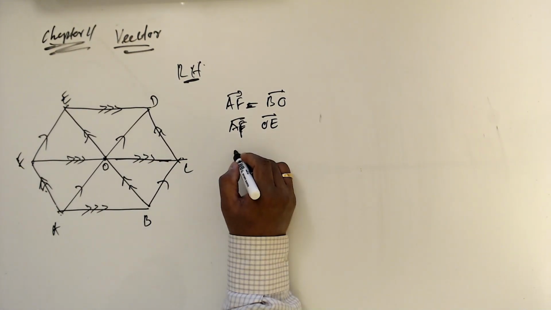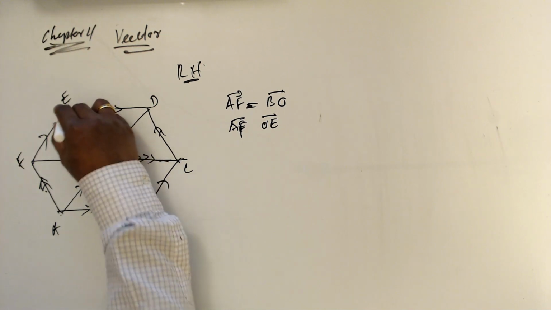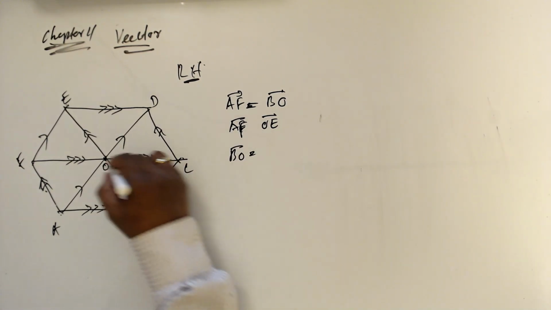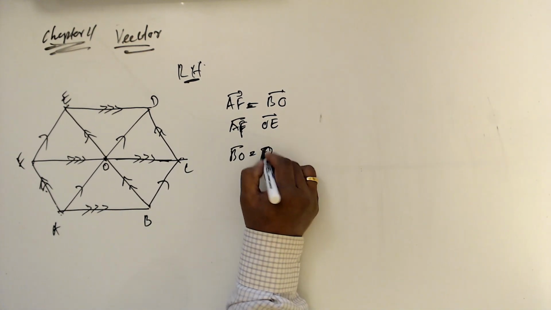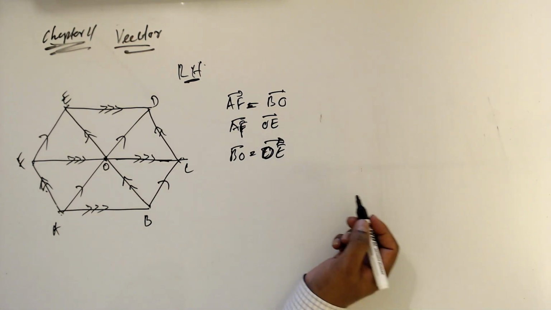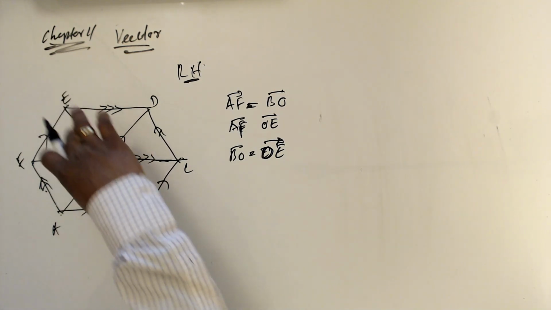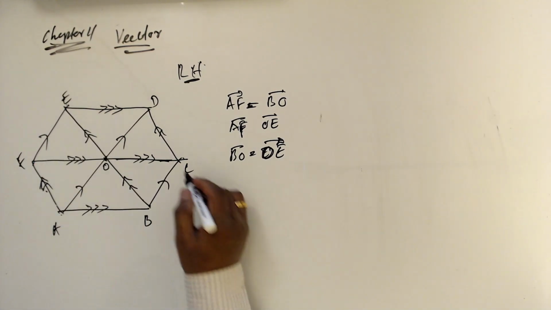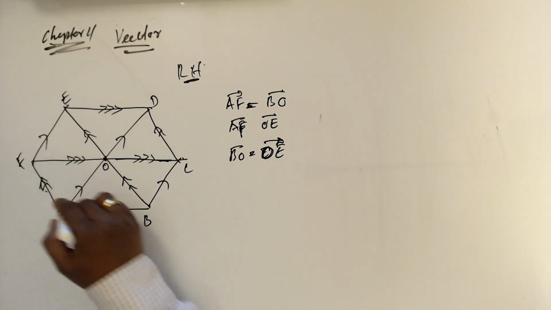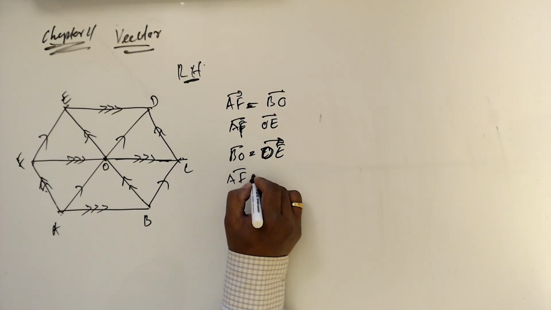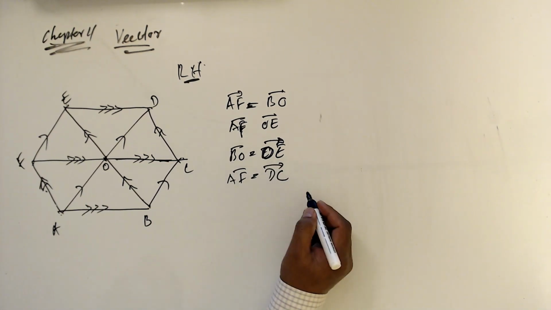BO and OE are also parallel, because same direction, they overlap and have the same length. And AF and DC, AF equal to DC, equal.